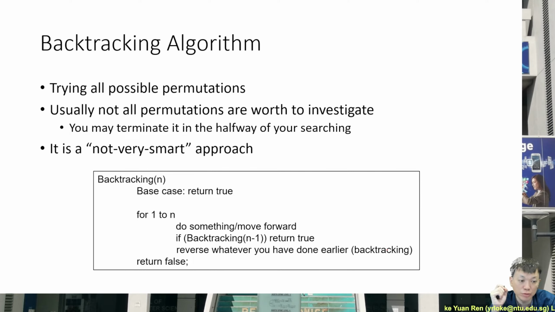That can save you a lot of time. But like what was just discussed, it may not be the best algorithm. So it's a little bit smarter approach, but not the best. But at least you can solve the problem.